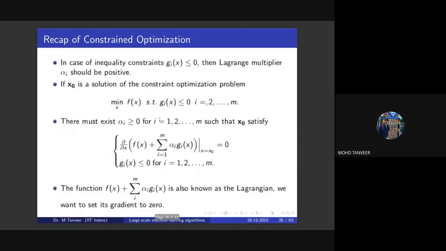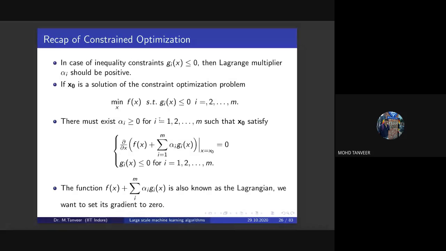So what happens if we have the same objective function and we have inequality constraints like gi(x) less than or equal to 0? How do we get the solution of this constrained optimization problem?